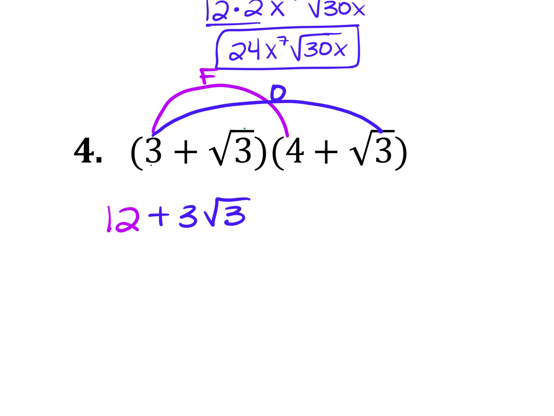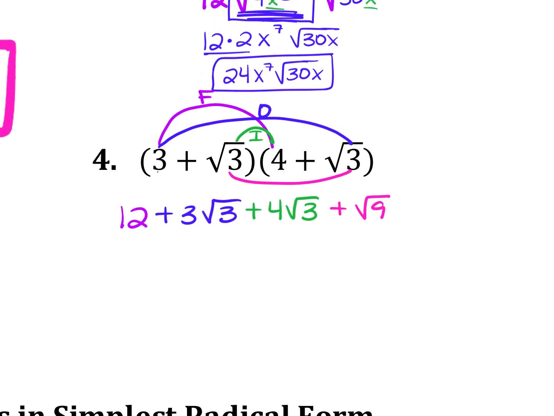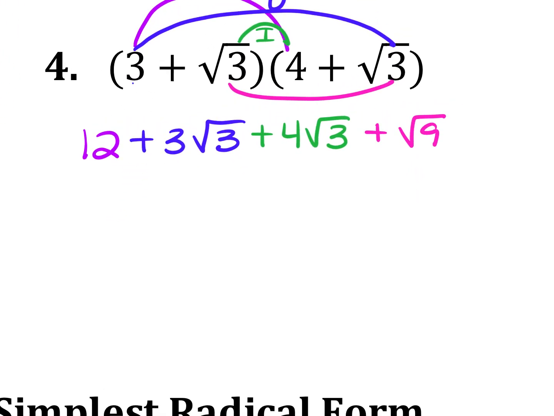What's inside gonna get you? 4 rad 3, so you say plus 4 rad 3. And then the last, you get the square root of 3 times the square root of 3 is what? It's 3, or the square root of 9. If you want to write that as a 3 right now, go right ahead.